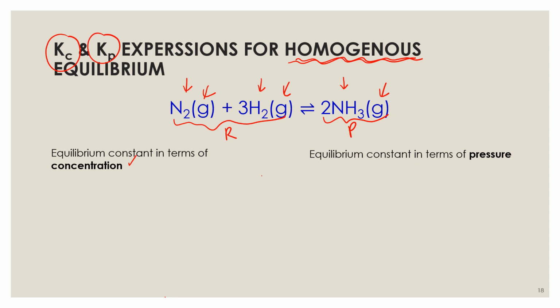Do you still remember how to write the equilibrium constant? K equals the concentration of the products raised to the power according to the stoichiometric ratio, divided by the multiplication of the concentration of the reactants raised to some powers.